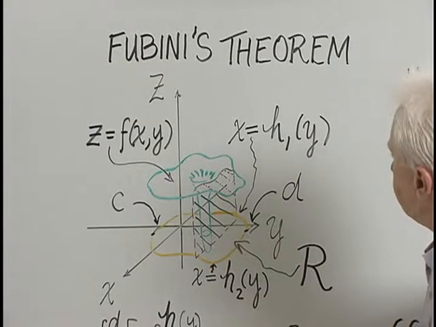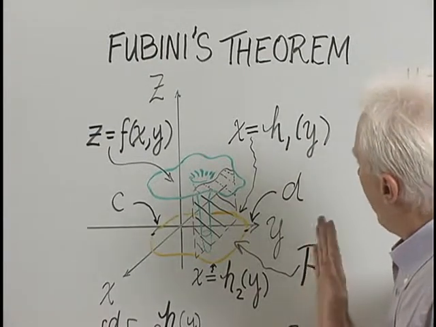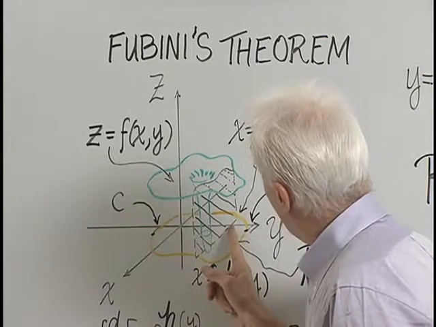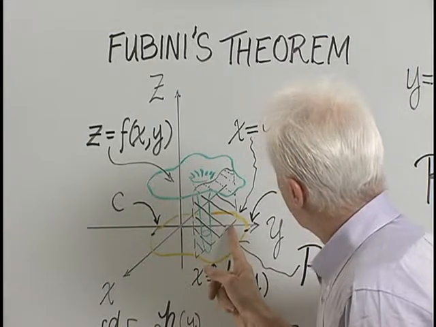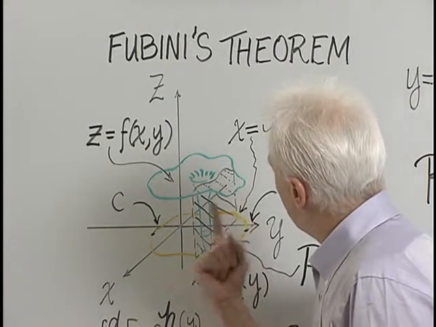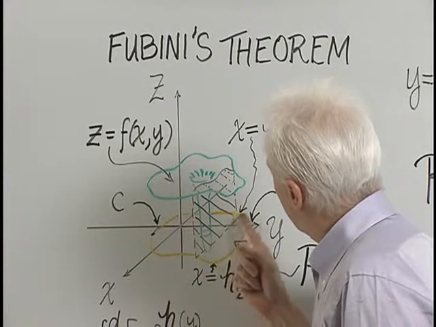of xy. Now, one way to do this, for instance, is for each value of y, we can hold y fixed momentarily, imagine that, and then we could integrate in the x direction.